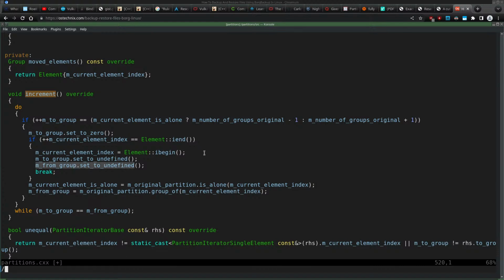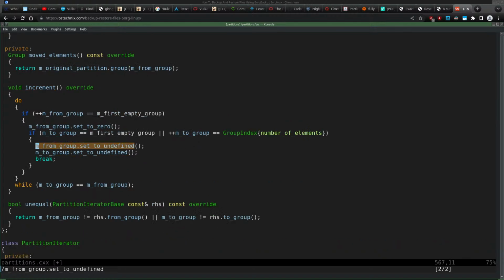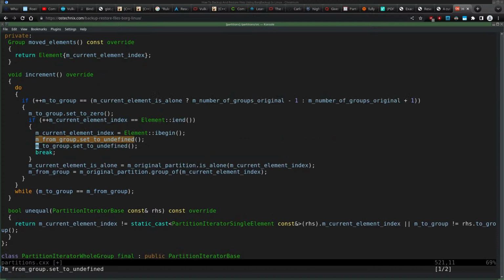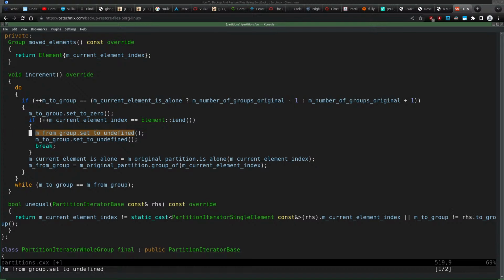I also did that in the other case here, and then we do from first and to afterwards. Let's stick to that here as well. Not even sure if this is necessary still, because I don't think I'll look at that. I will remove that.